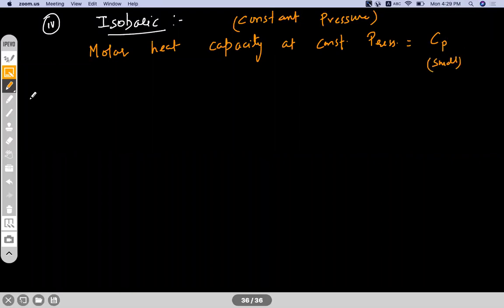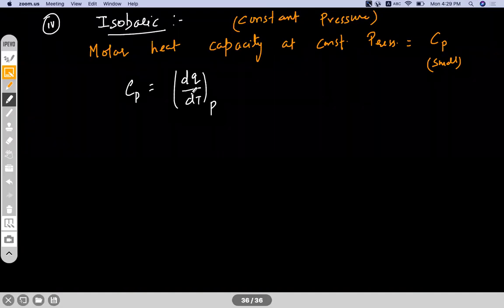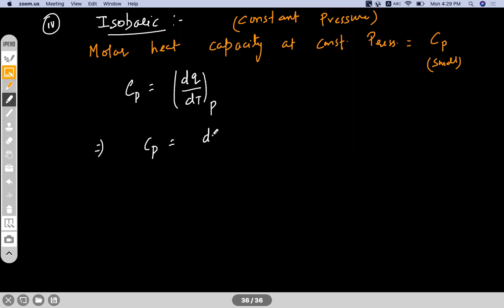Okay, Cp. And the relation is again Cp is equal to dq by dT at constant pressure, right? And at constant pressure, Q is nothing but enthalpy, that we'll discuss later. For now, you just write down this formula. Cp is equal to dH by dT. So at constant pressure, the energy is nothing but enthalpy. We'll discuss this enthalpy separately, and then you will understand this. For this, just copy this down now.